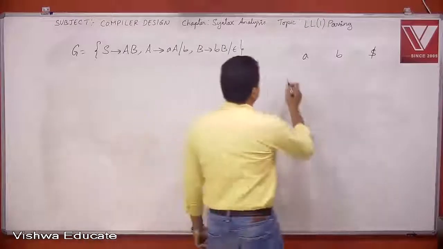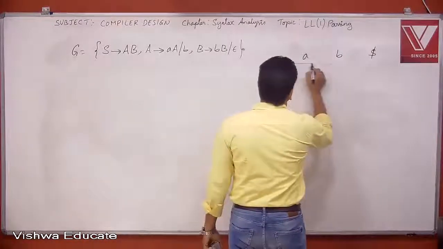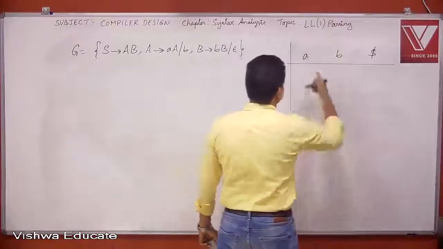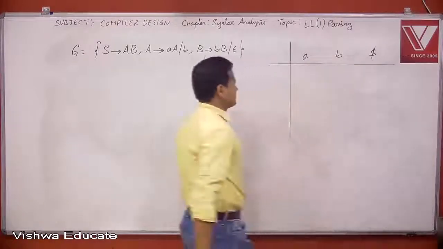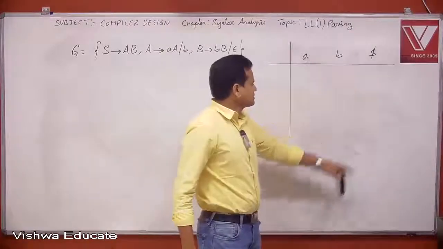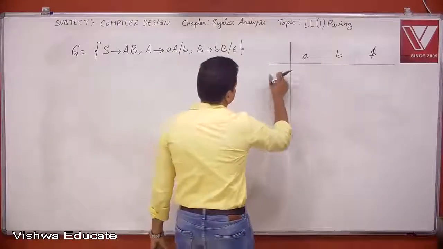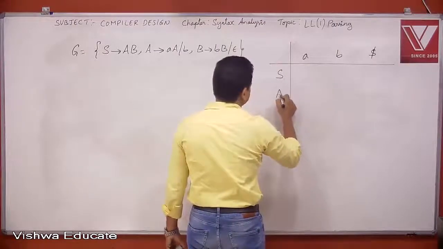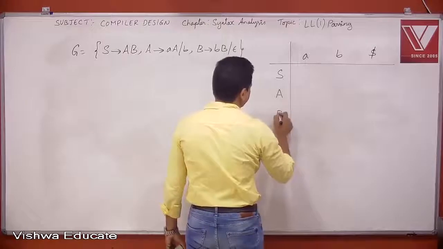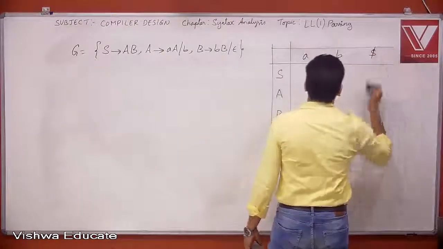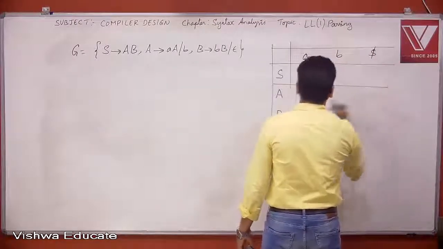Okay. These terminals are in the columns and the rows will be the non-terminals. What are the non-terminals? S, A, B. So in the rows we take the non-terminals.